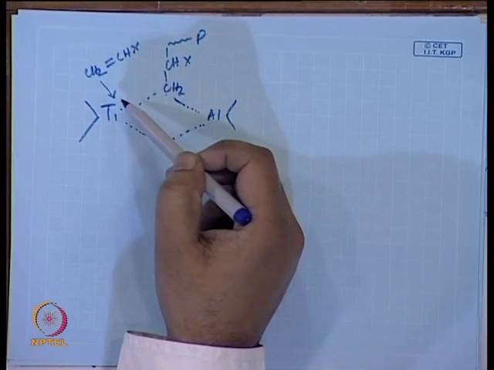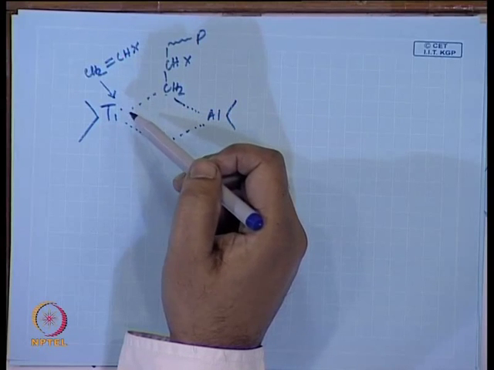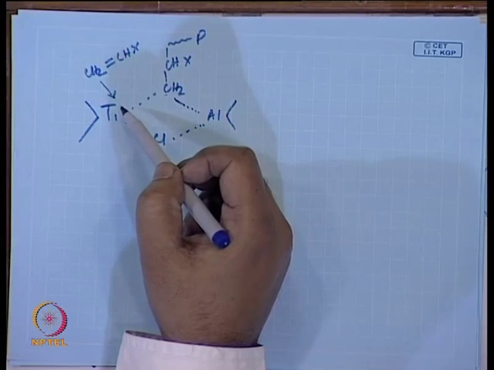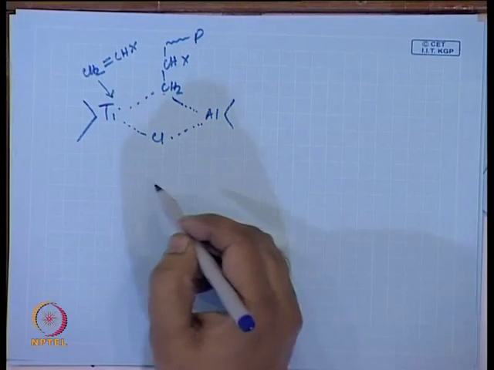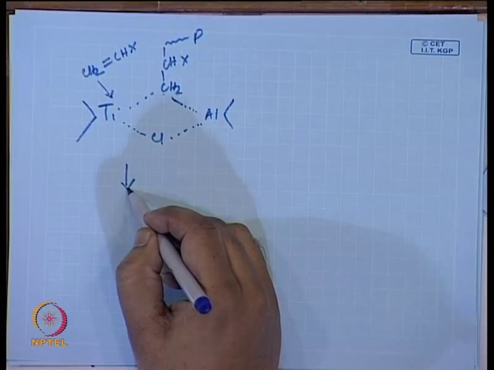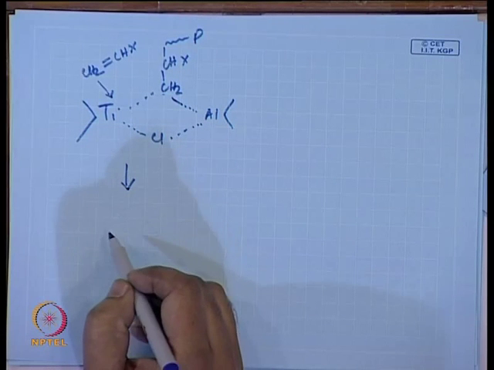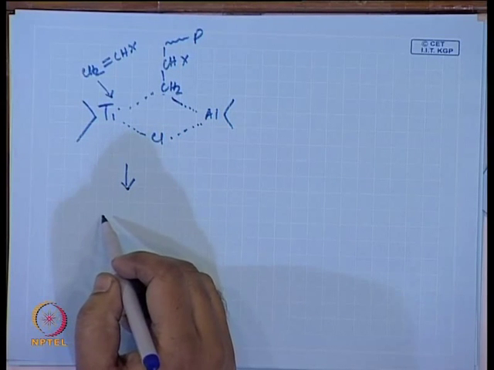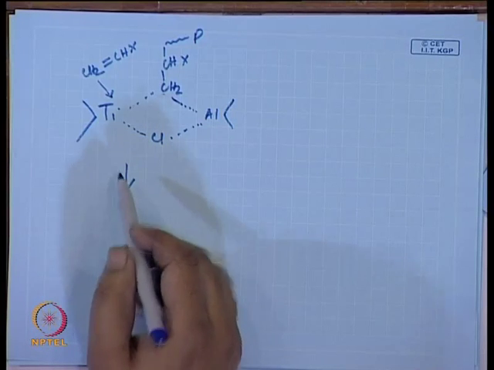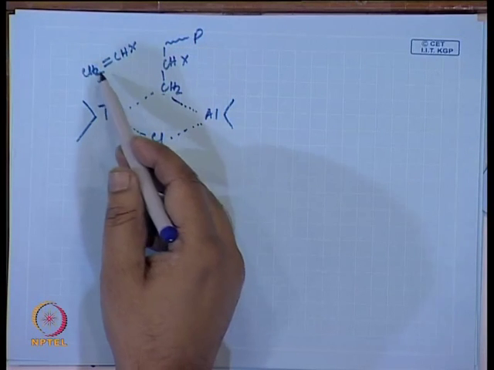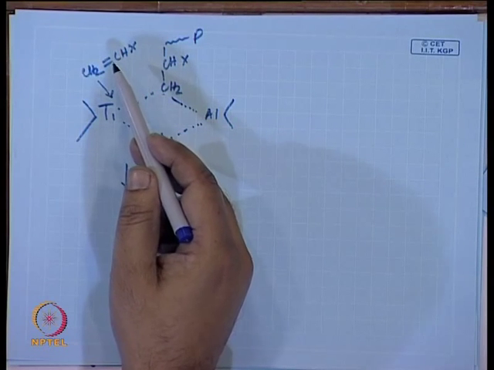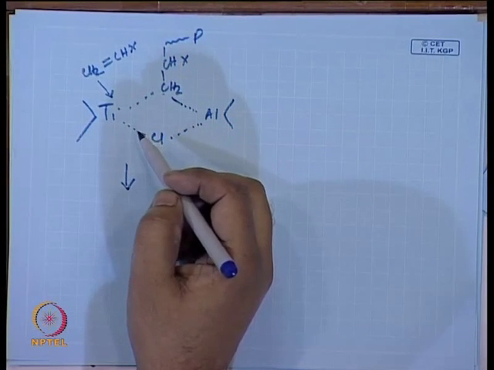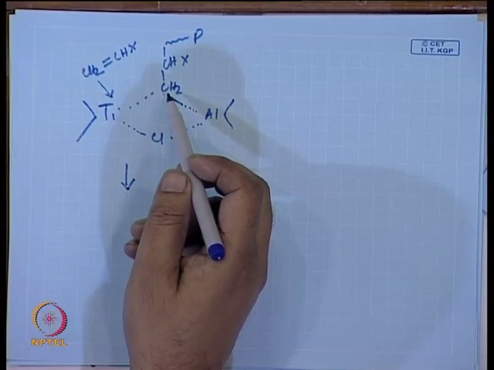So, it approaches and forms a pi complex with the titanium center. Next, this is followed by a partial ionization of this olefin as well as this alkyl bridge.